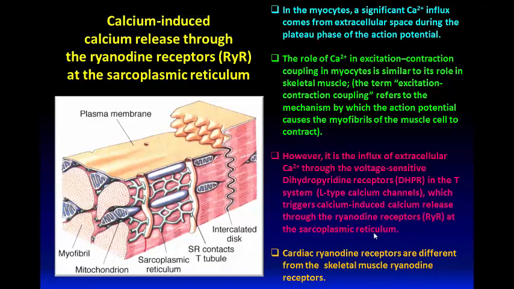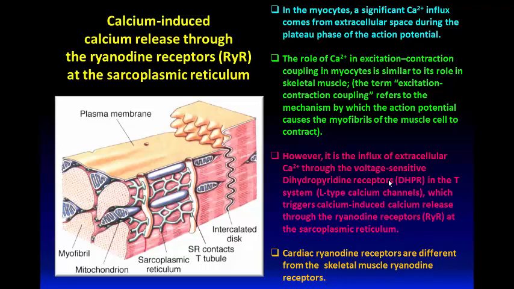So in the transverse tubular system, we have voltage-gated calcium channels, which we call L-type calcium channels. We also call these L-type calcium channels dihydropyridine receptors, because dihydropyridine can bind to these receptors and can block these calcium channels.